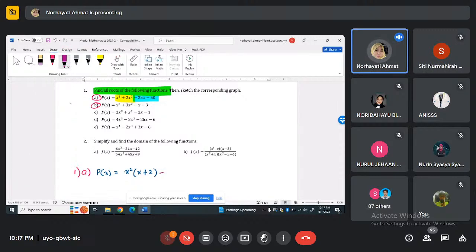Kita factorize negative 25. Negative 25. So, apa hanya dalam bracket? X plus 2. 2. 2. Okay, good. Bagus. So, kita ada 25 times X plus 2. Okay, so what's next?